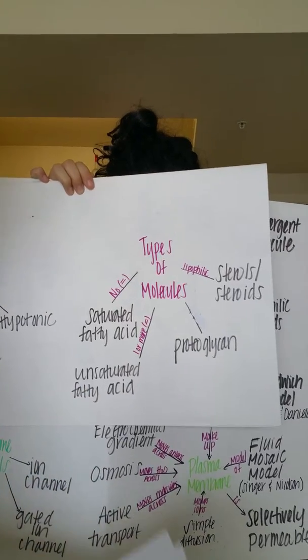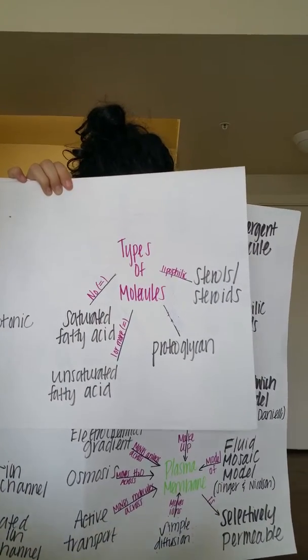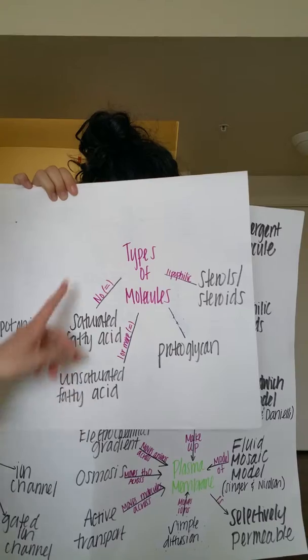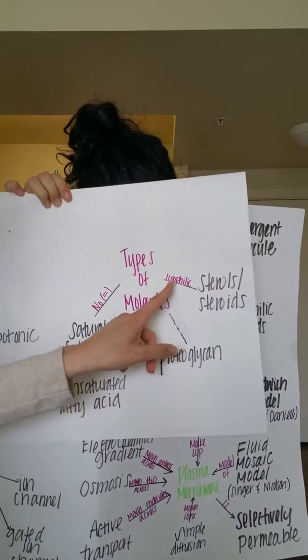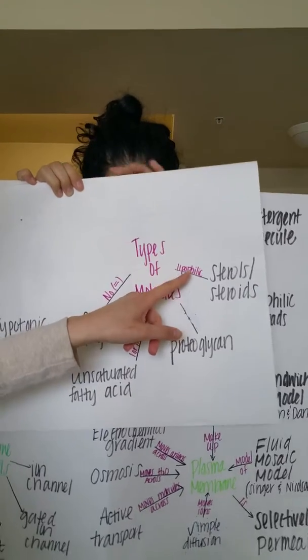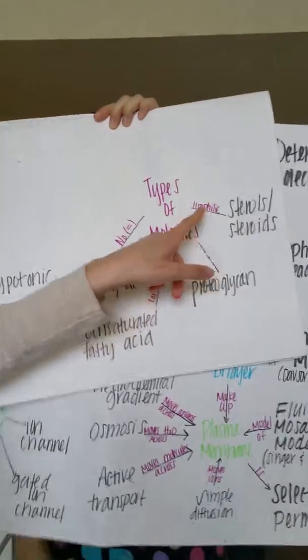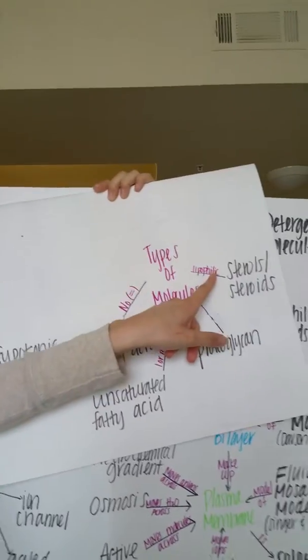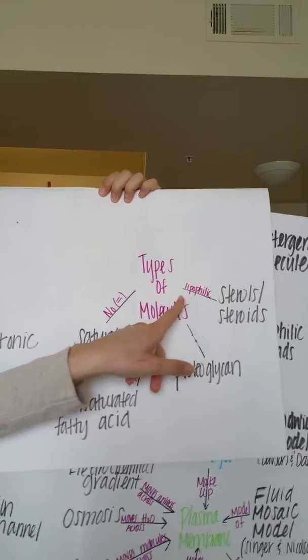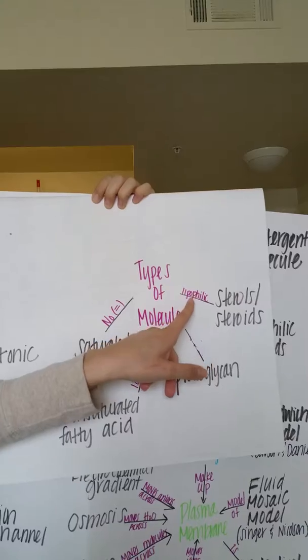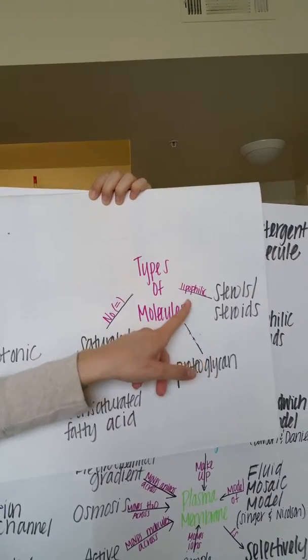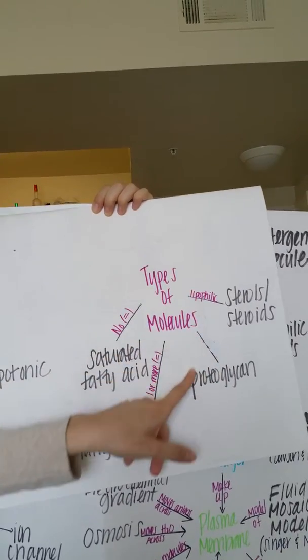We also have our sterols or steroids, which are lipophilic molecules. So like hydrophilic and hydrophobic, this is a molecule that is attached to a lipid or likes lipid molecules.